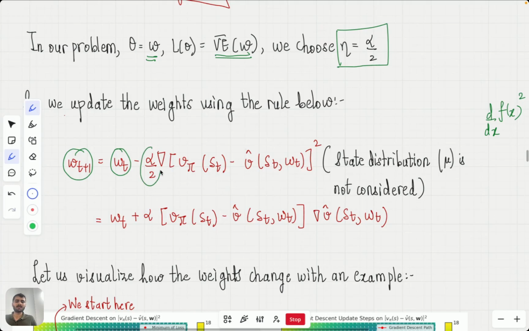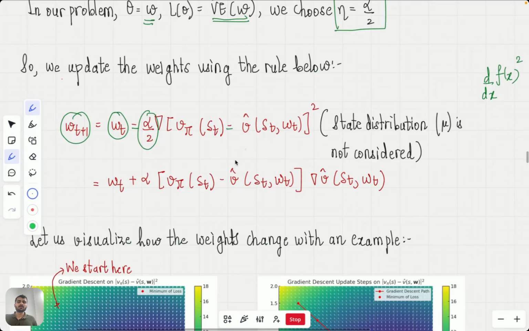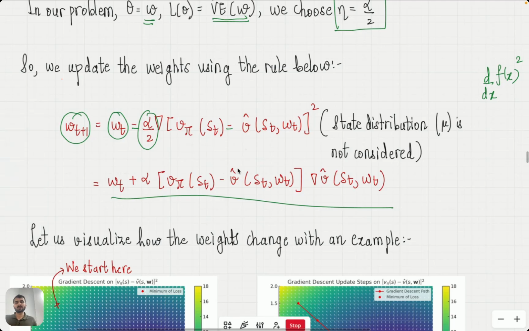That's why we have alpha by 2. So this 2 and 2 cancel, and then you get v pi of s_t minus v hat of s_t comma w_t, into grad of v hat. Now notice that this negative sign has been converted to positive because this negative is multiplied by this negative. So this is the update rule, where this is the gradient of the approximate value function, and this is the difference between the true value function and the approximate value function.